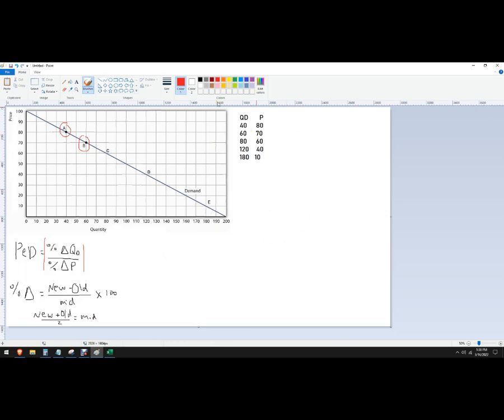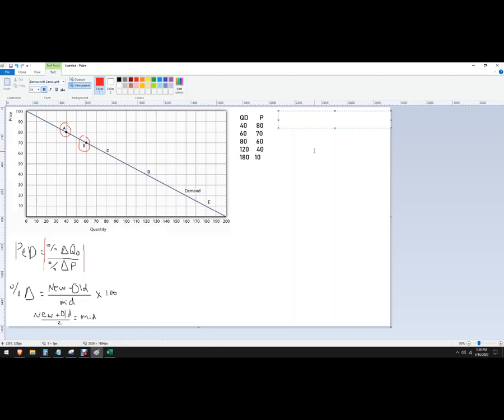So we've got A to B. Okay, so at A, point A, we've got a quantity demanded of 40, and then we're going to the new one. The new one's actually 60, so 60 minus 40 is the numerator, and then we want to divide by the midpoint between those two, and the midpoint is 50. You can just calculate that.